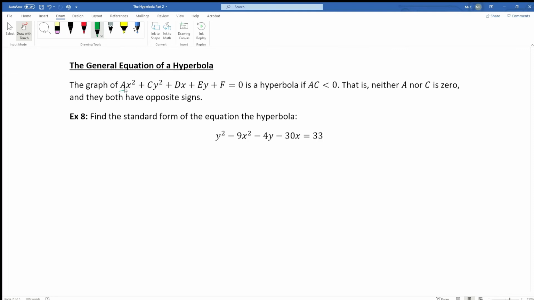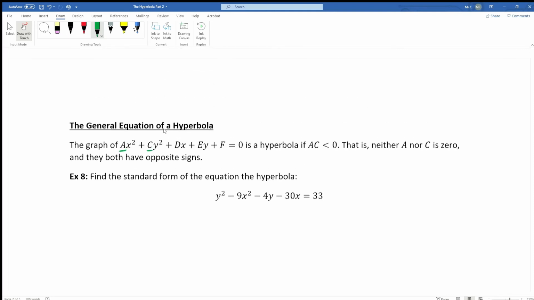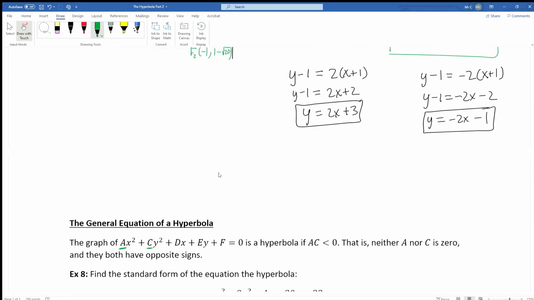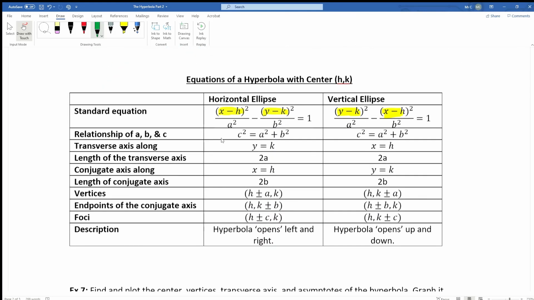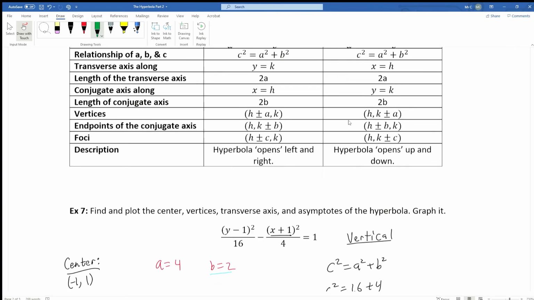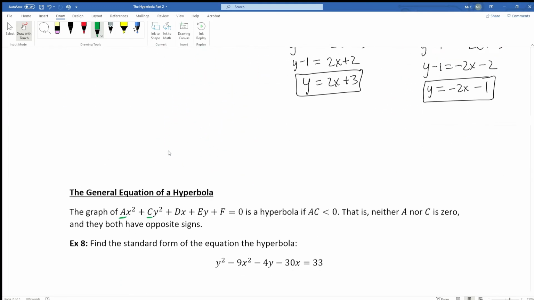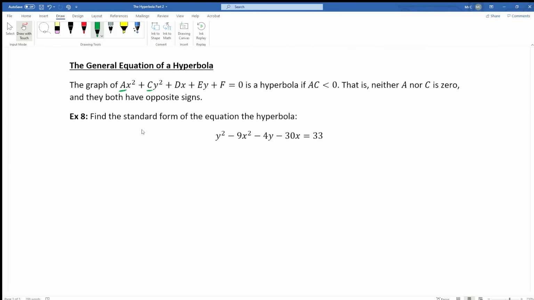And this should make sense because this is ax squared plus cy squared. And when we do all of our factorization, in order to get the equation of a hyperbola, we would need a negative between these terms. So whatever coefficients they have should multiply to where one of them is negative and the other is positive.